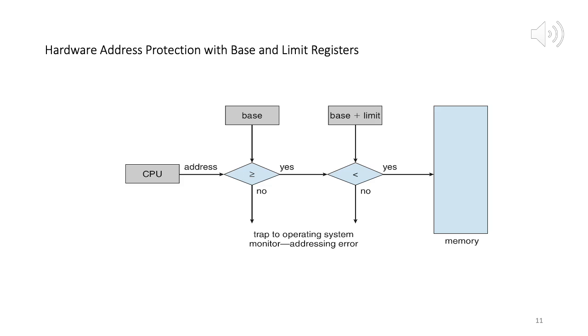So there I am checking the lower bound. Note that addresses start from 0 and not 1. So I don't have 1 to 10, I have 0 to 9.